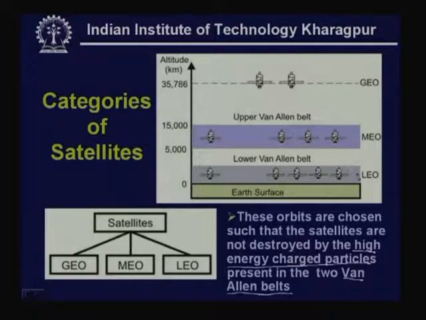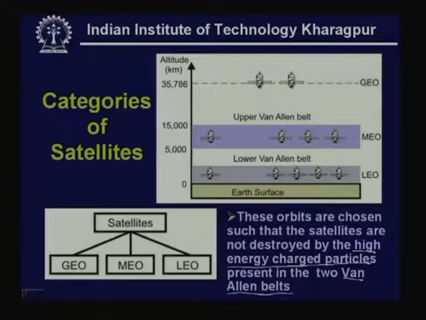One is here about 3000 to 5000, and another is from above 15,000. Obviously, if satellites are placed in these regions, then they will be destroyed by the high energy particles. So, satellites are placed avoiding these two Van Allen belts.